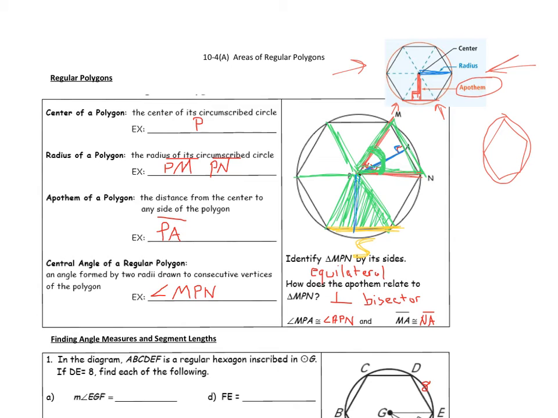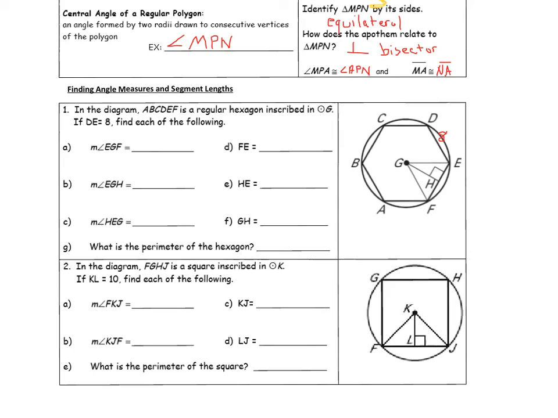And if you think of the apothem as the height, well, 1/2 times S times A would be the area of one triangle. Well, how many triangles do we have? It depends on how many sides we have, and so we would multiply that by the number of sides. We're going to look at that formula later. But for now, we're just going to try to solve for certain lengths, measurements and angles.